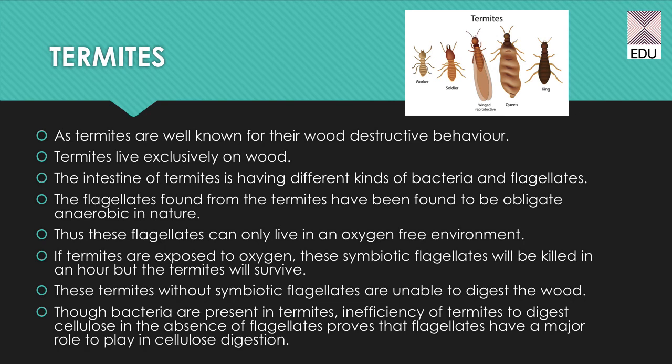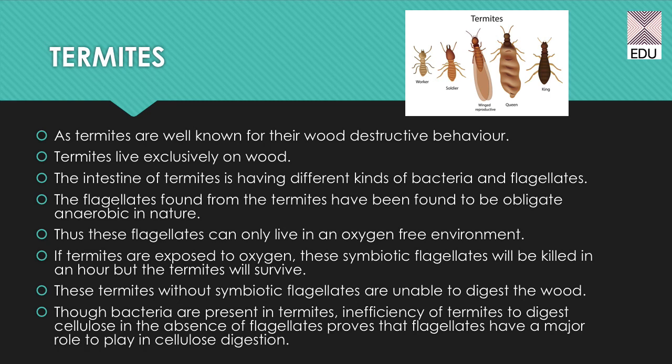So here I want to summarize this slide. First of all, termites need an oxygen-free environment. Number two, they have both bacteria and flagellates in their intestine as symbiotic microorganisms. Number three, these flagellates are responsible for digesting the cellulose.